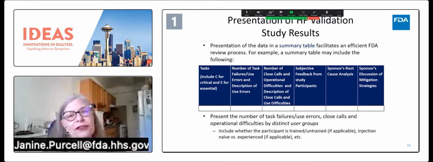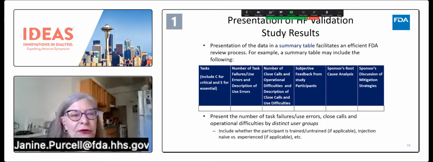And that is, again, to use the same task IDs that you used with your use-related risk analysis, and then be quite explicit and organized in terms of each task, the number of task failures, whether they be use errors or close calls or use difficulties, when they happened, that subjective feedback data that you got, the real words that participants used during those subjective interviews, your root cause analysis of that information, and then your discussion of residual risk and whether you think there's more that can be done.